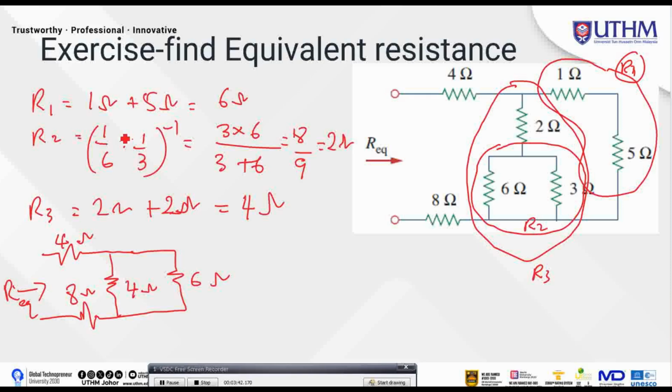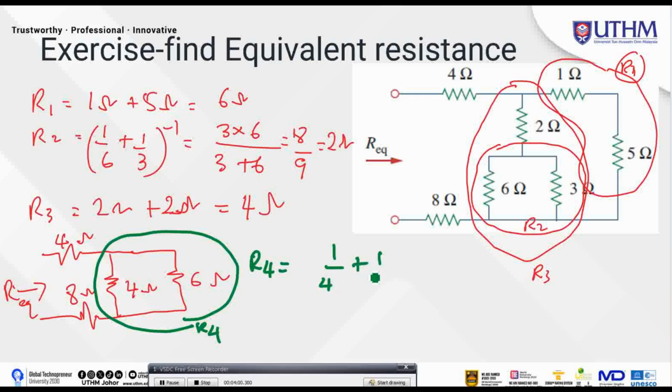Now what we can do is combine these two parallel resistors together. Let's say this one is R4. R4 is equal to 1 over 4 plus 1 over 6, or 4 times 6 divided by 4 plus 6.